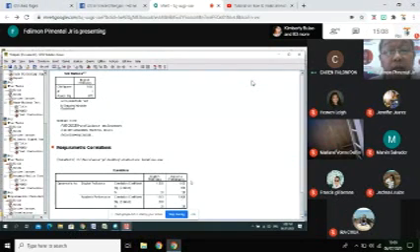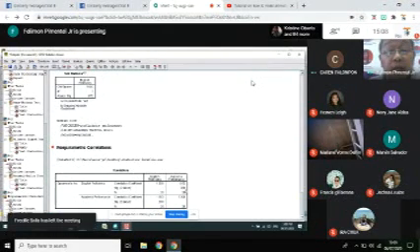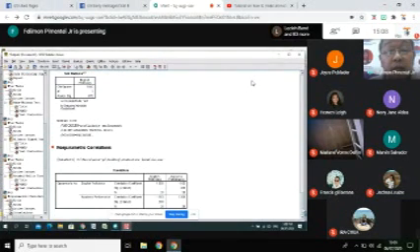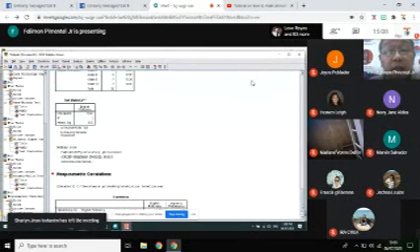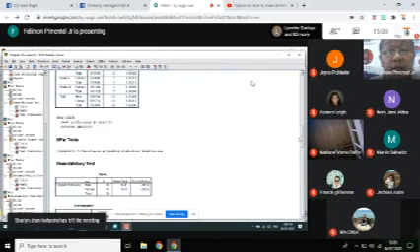So the direction is inverse, the degree is very weak, and there is no significant relationship. That is the interpretation for the Spearman rho, just like your Pearson r.